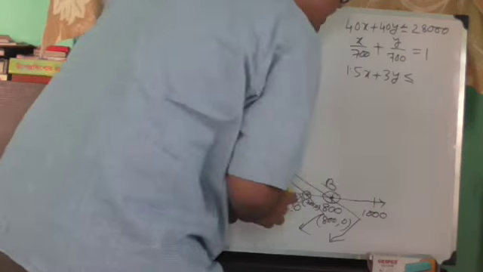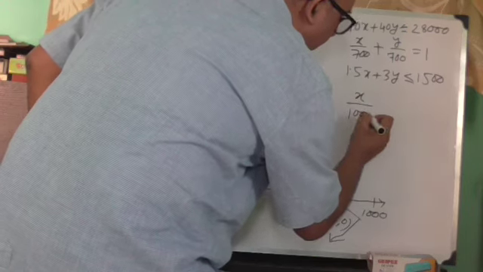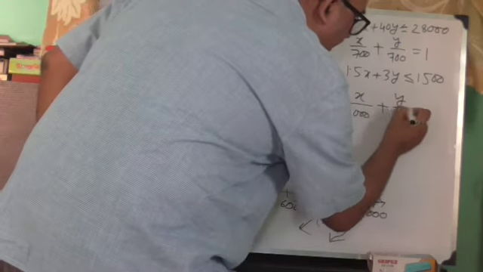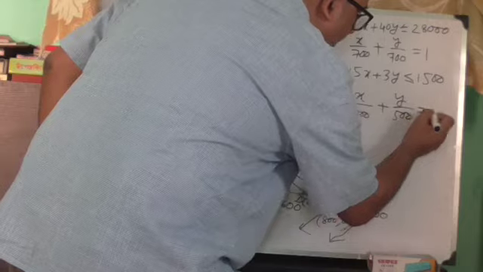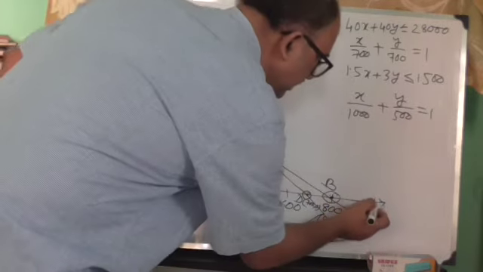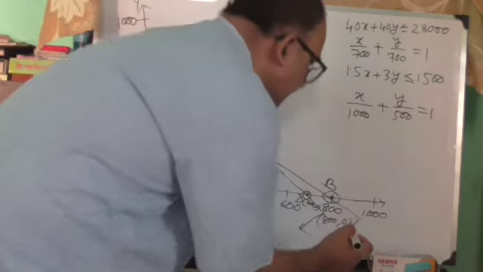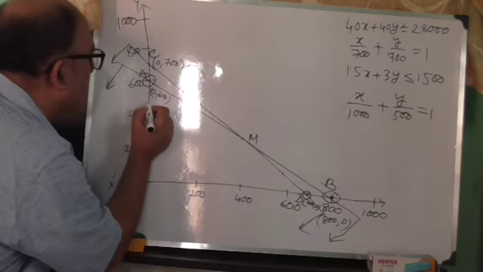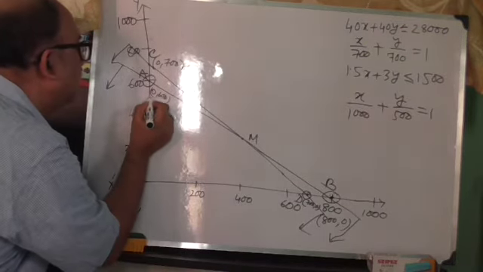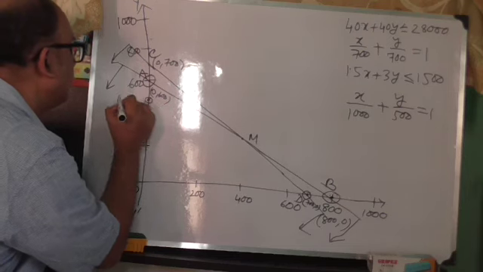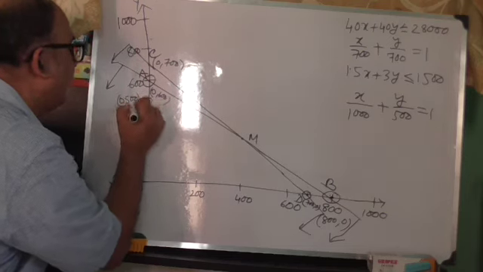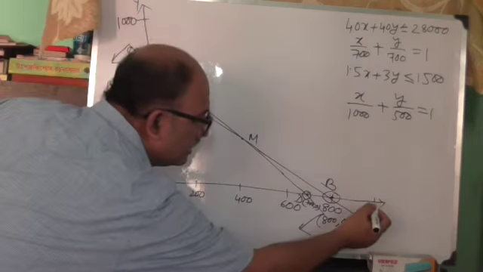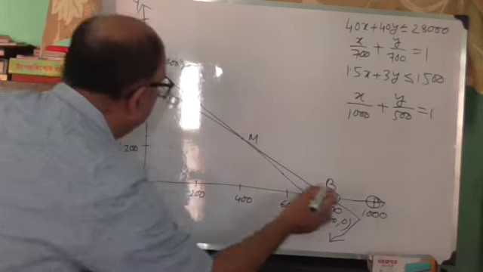Similarly we can draw the line as x by 1000 plus y by 500 equals 1. So this line passes through 1000, 0 and 0, 500. This point is 0, 500, and this point is 1000, 0.